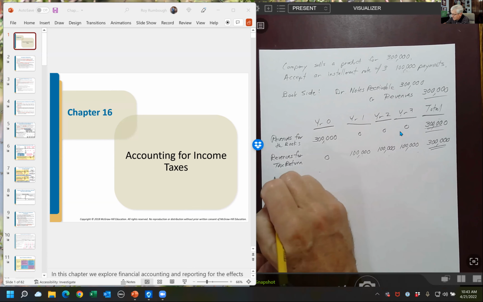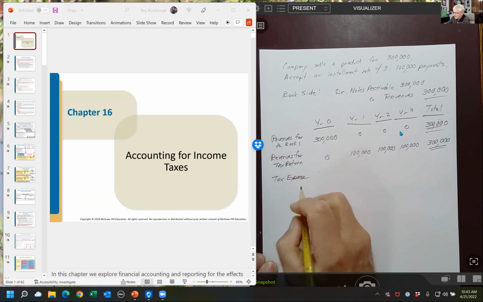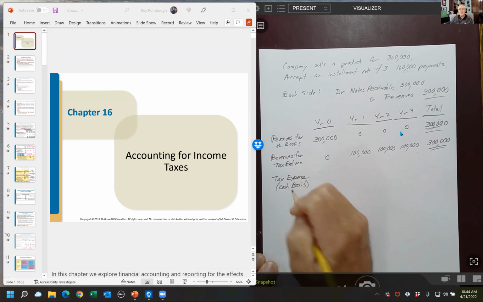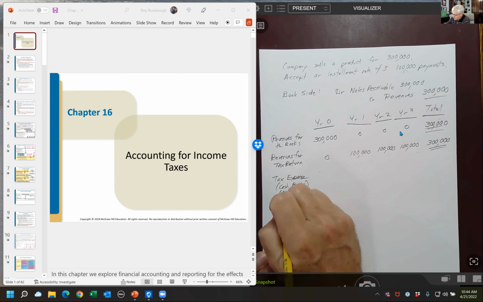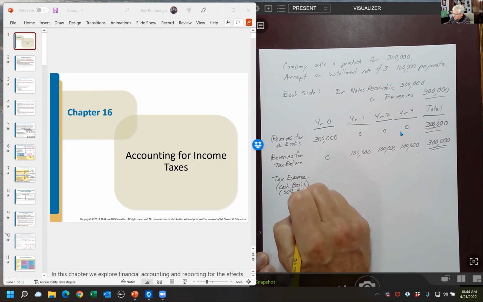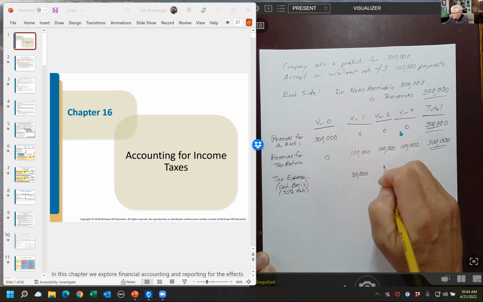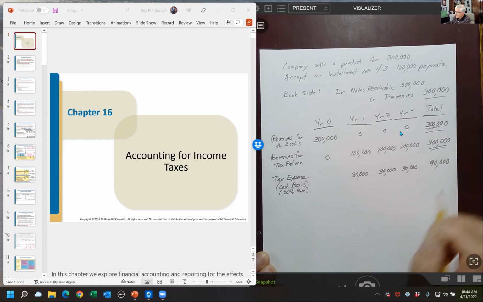Now, let's look at tax expense. Cash basis. Are we allowed to do tax basis in generally accepted accounting principles? No, but let's just look at it. If we said, hey, let's just do taxes on a cash basis, and let's say a 30% tax rate, we would have $30,000 of tax expense, for a total of $90,000.